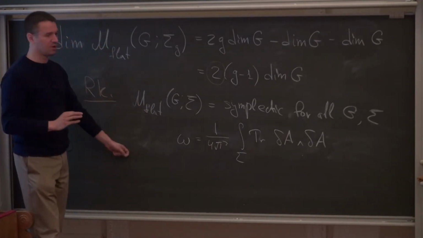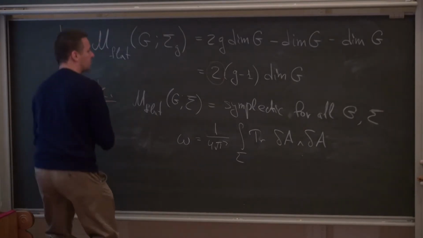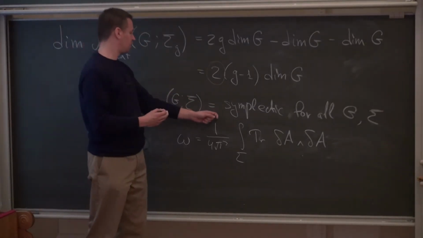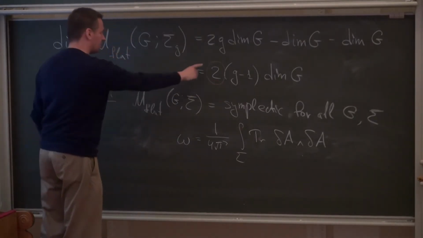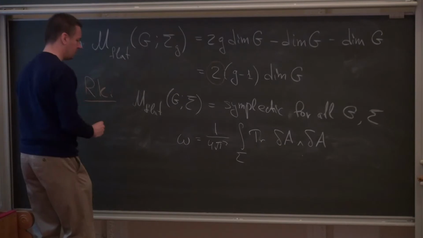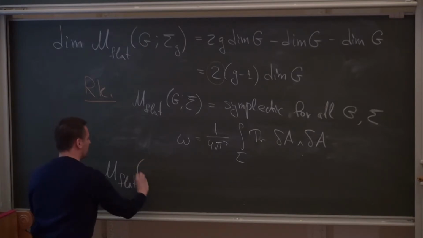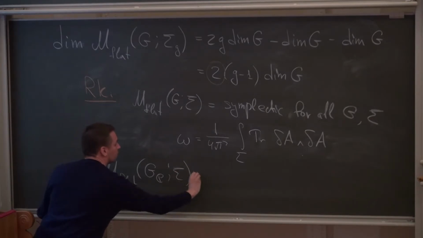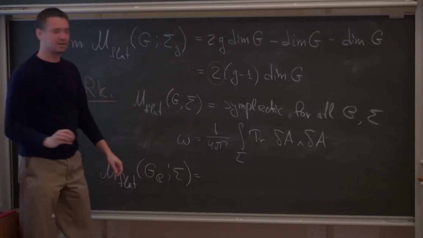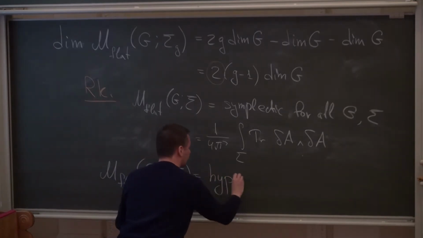But another related point, so another theorem, is that you get even more structure. So here, remember that each symplectic manifold has to have even dimension, and that's what we have here. And that's the attention I'm drawing to this factor of 2. But you get even more if you look at M flat for the group which is the complexification of G. So then you get something more. You get actually hyperkähler manifolds, examples of hyperkähler manifolds.